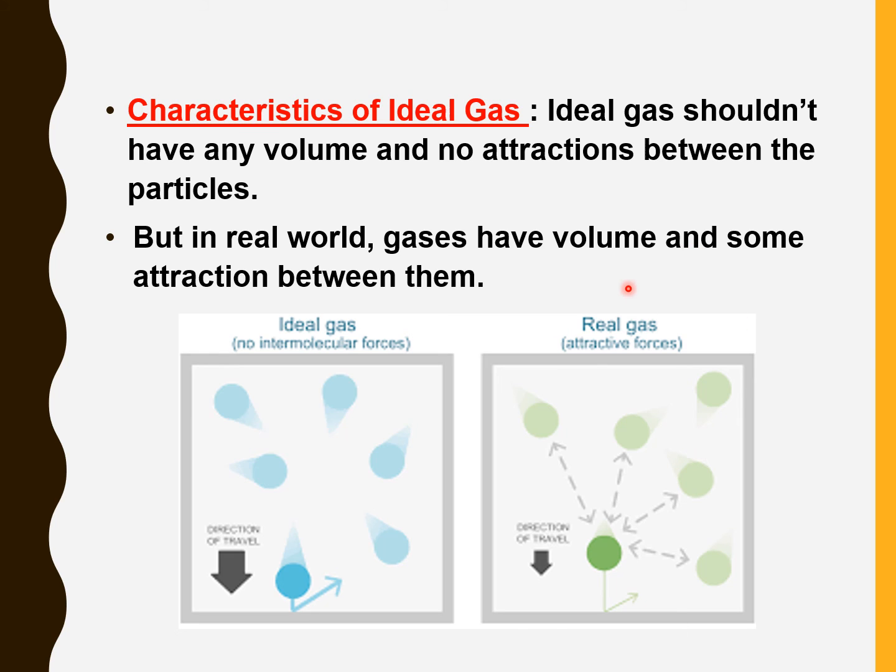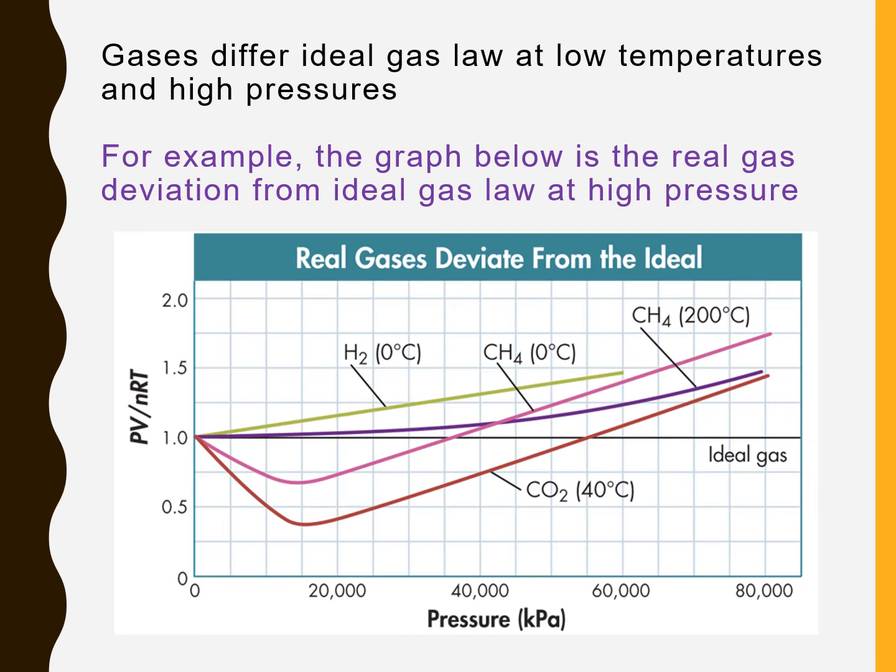This matters for the ideal gas law at low temperatures and high pressures. The graph here shows the relationship between pressure and the ideal gas law. At high pressures, you see a deviation from the ideal gas law PV = nRT.